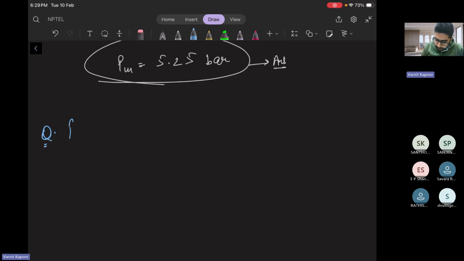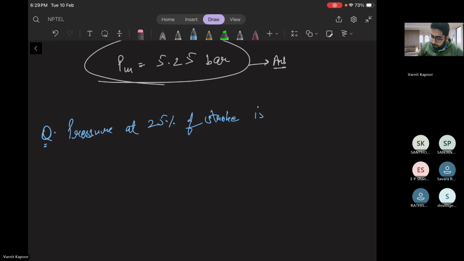Pressure at... no doubt. Please, can you keep yourself on mute? 25% of stroke. Okay. Sir, you are not audible.